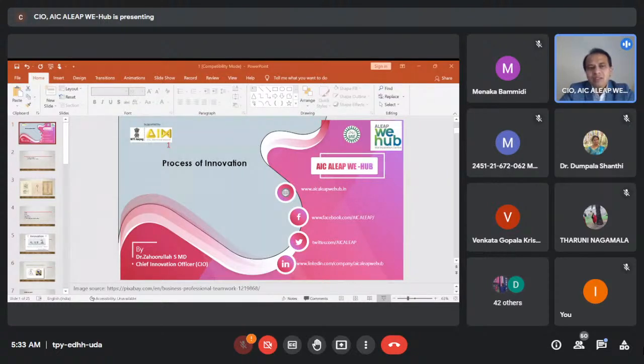These are the several types of research that one can do, and also innovations.